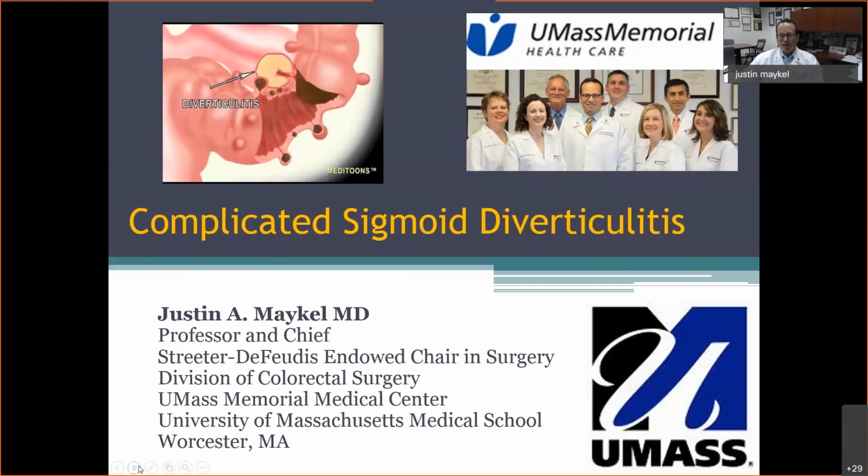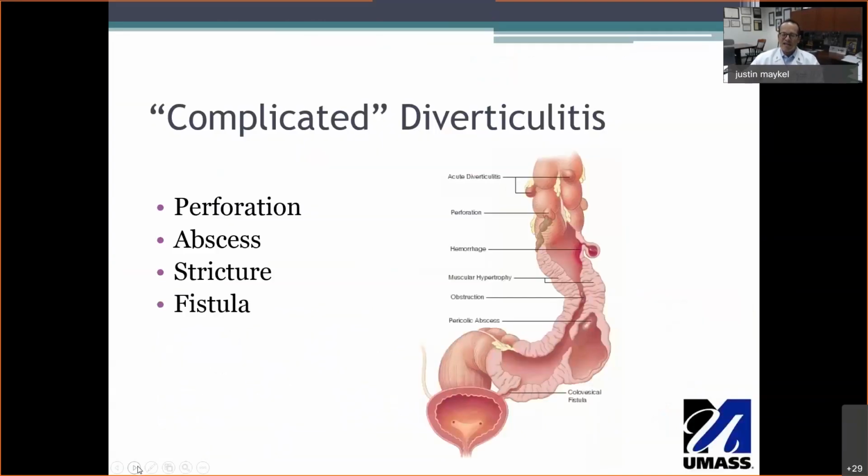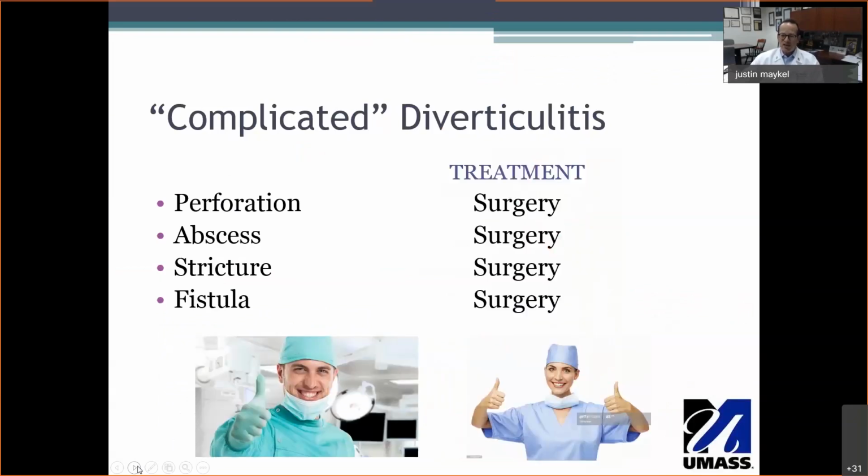the world. So when we talk about diverticulitis, we tend to bunch it into two different categories: uncomplicated and complicated. Complicated cases typically deal with free perforations, abscess formation, strictures, and then fistula formation. Next slide. And the reason why we tend to enjoy this probably more than our patients is that typically the solution for complicated diverticulitis results in surgery.